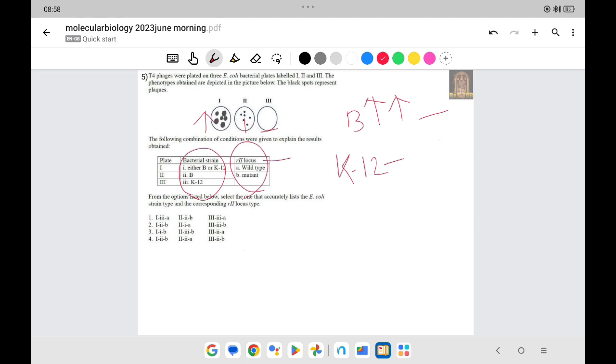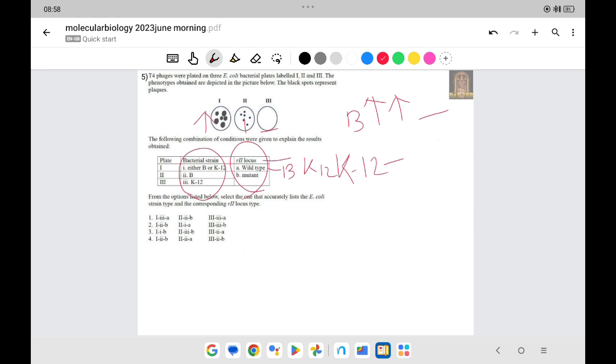So here the wild type T4's host range is relatively higher than that of the mutant one. It can infect and perform the lytic cycle in the case of both B and K12 bacterial strains.